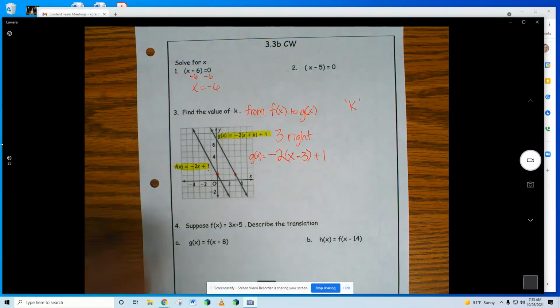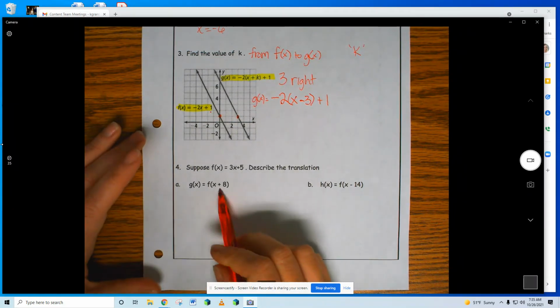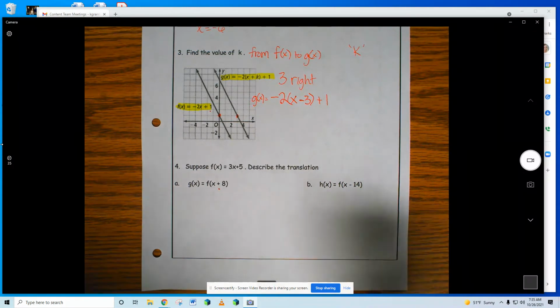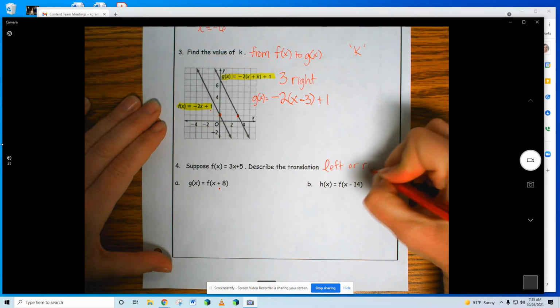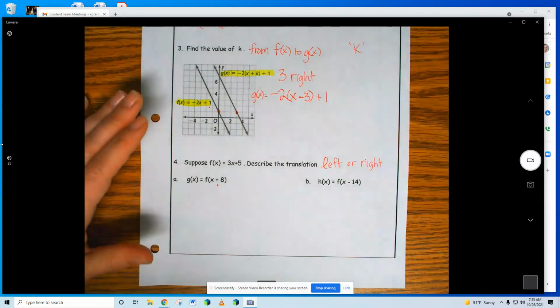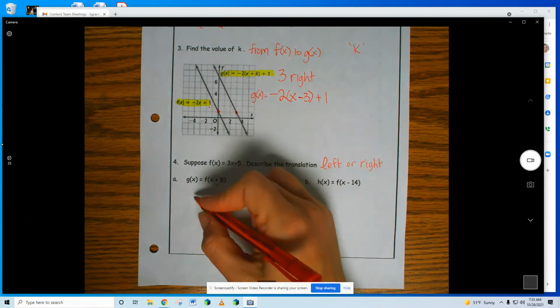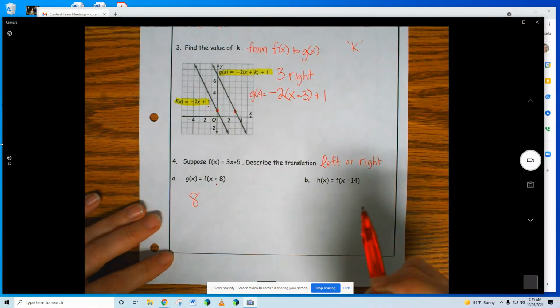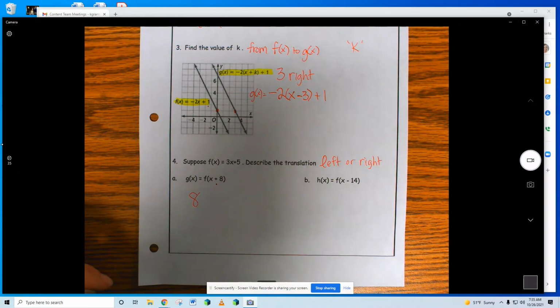All right, here. Number 4. Describe the translation. 8 what? All your answers, you guys, are going to be left or right today. So what is it? Left or right? 8 what? When you don't answer or when you don't speak, I think that maybe you just don't understand. So if you do understand, help me out.